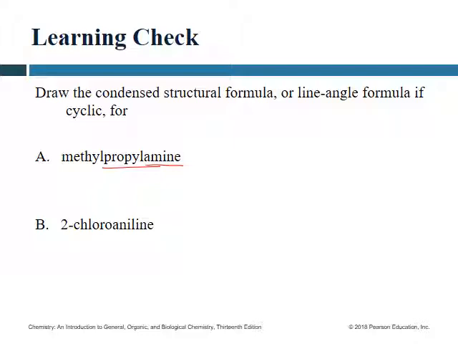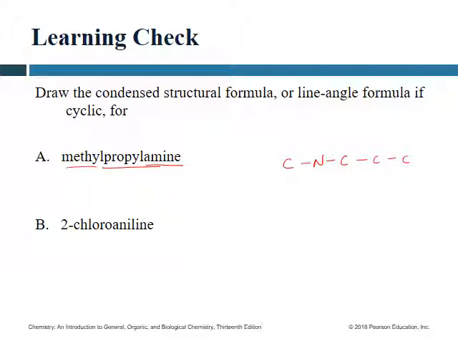The IUPAC name would be propanamine. This is the common name, propylamine. So propylamine means I have nitrogen with 3 carbons. Perfect. 1, 2, 3. And then what do I have? I have a methyl. Methyl means I have another derivative on nitrogen.